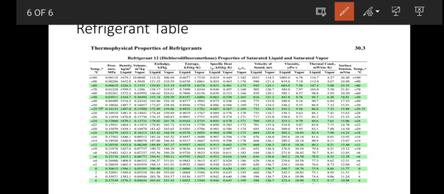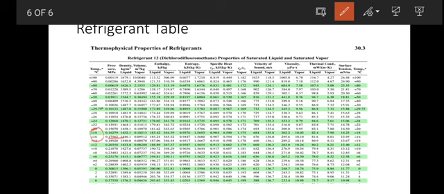At minus 18 degrees Celsius, the corresponding pressure is 0.16279 megapascal.